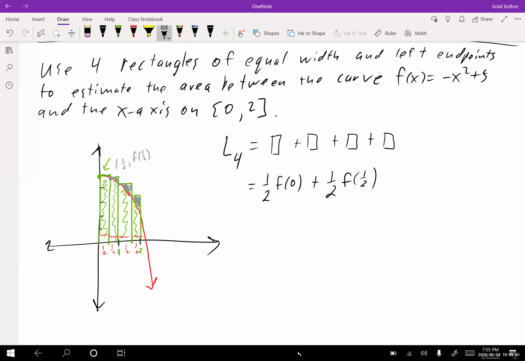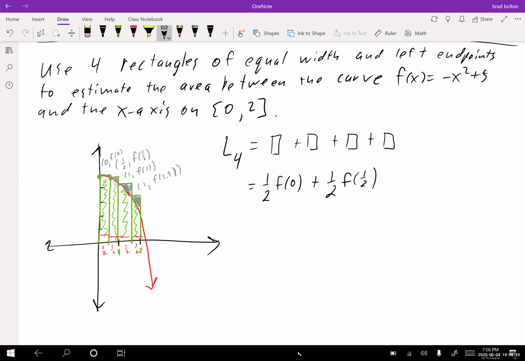My coordinate right there will be 1, comma, f of 1. My coordinate right here will be 1.5 or 3/2, comma, f of 3/2. And that'll be the heights. And this guy right here that I wrote in green, I'll fix to gray now. This guy will be 0, comma, f of 0.